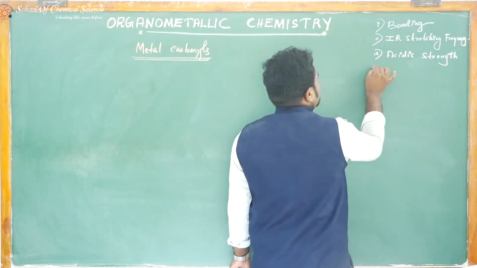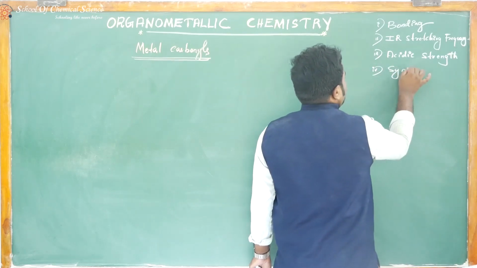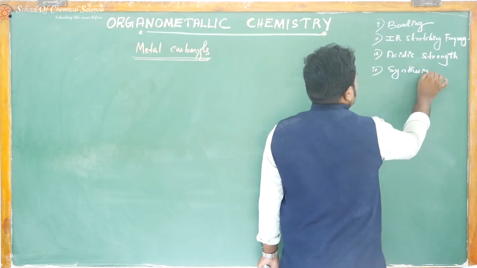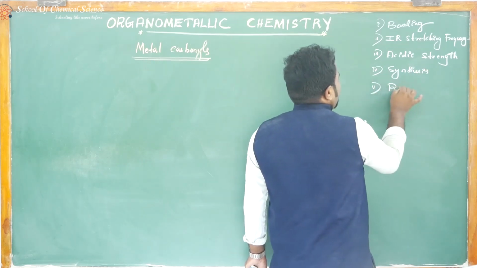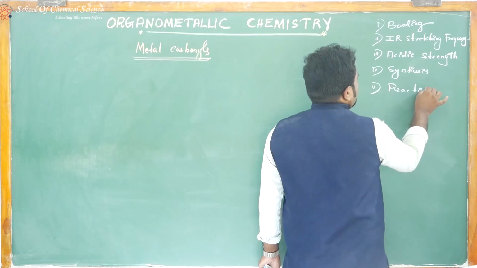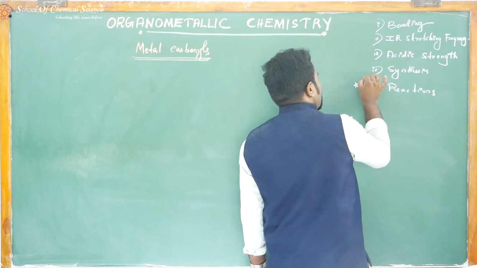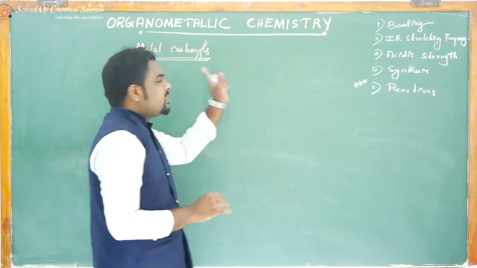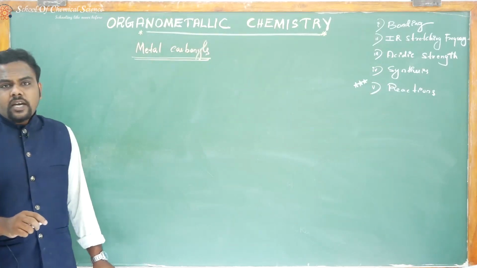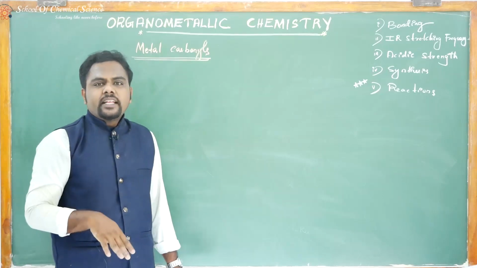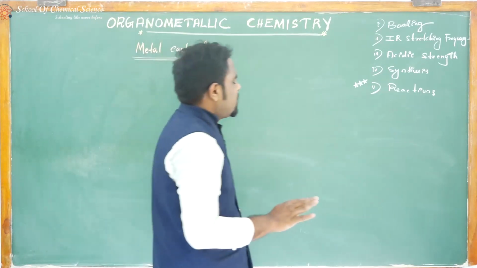Fourth one, synthesis or preparation of metal carbonyls. Fifth one, reactions of metal carbonyls. Very difficult, because this is an organometallic chemistry chapter. Reactions similar to organic reactions, very difficult reactions.